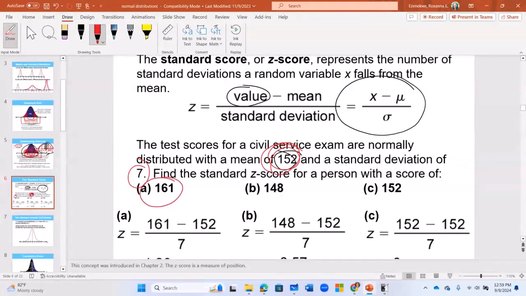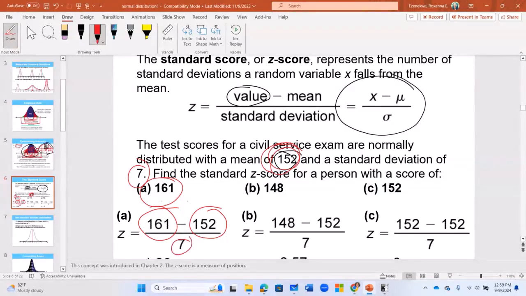So they give you everything they need to give you. So they want you to standardize the score for someone who scored 161. So this is the score of that person. This is the mean, and this is the standard deviation.